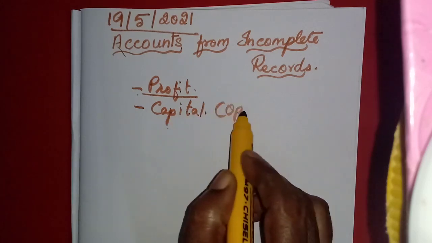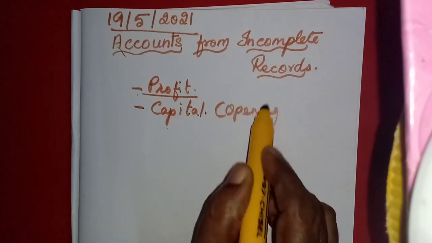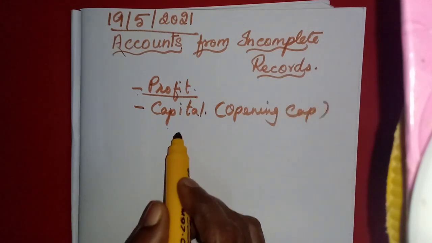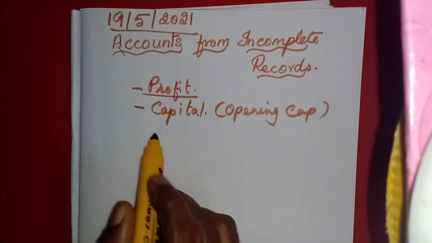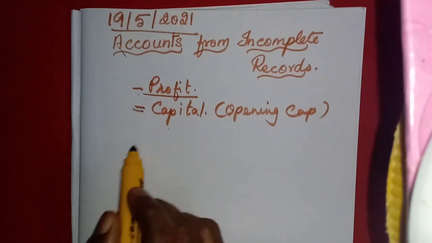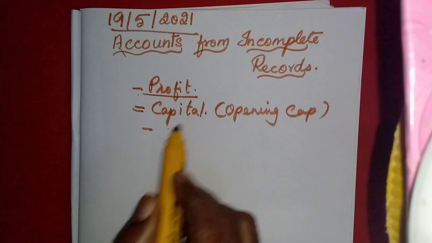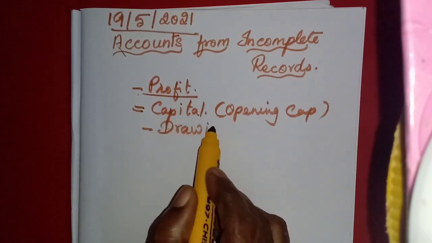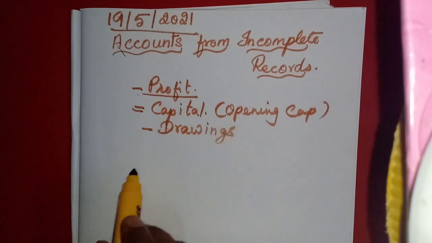Then if they withdraw money from the business, that is called drawings. It will reduce the capital or it will increase the capital? It will reduce the capital, isn't it?